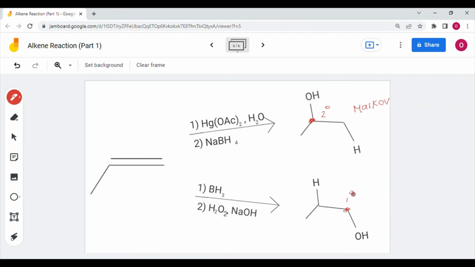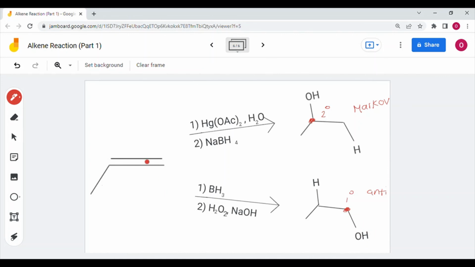Thus, it is anti-Markovnikov. So one good way I want you to think about this is notice how this is in a partially acidic solution, whereas this is in a purely basic solution. And I say purely basic because we have boron, BH3, some kind of peroxide, as well as sodium hydroxide, which is all pretty basic. So because of the basic solution, this is going to give us an anti-Markovnikov product.